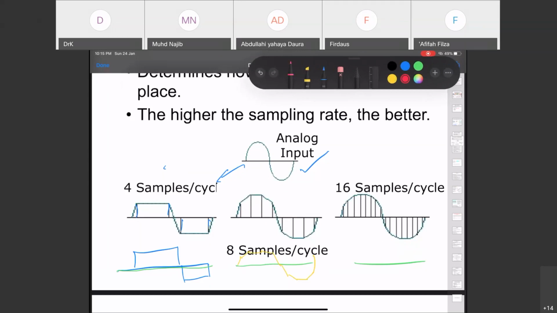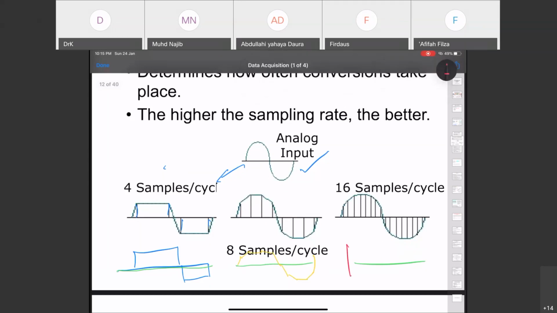What happens if you take 16? You may have something very much representing the original signal. This is the signal that you get from the sensor that you are reading, which of course you can only see by using an oscilloscope. From your sensor you can put on the probe and see the response in the oscilloscope.